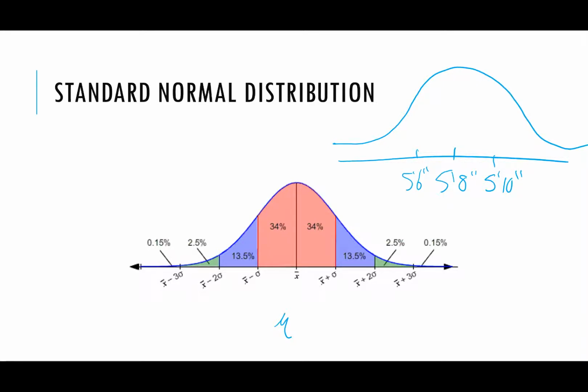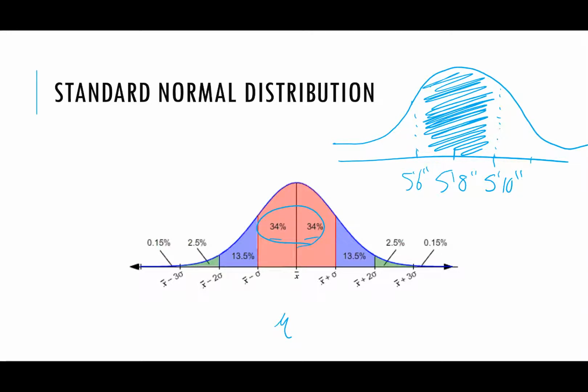If one standard deviation is 2 inches, that means 68% of the people in the population, because the survey is just a sample, 34 and 34, or 68 in total, have heights in that range between 5'6" and 5'10". 68% of the people are between 5'6" and 5'10".